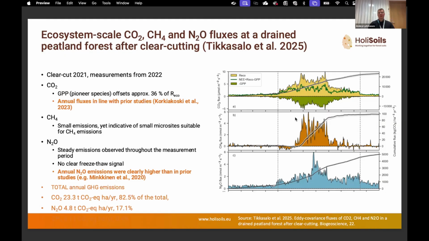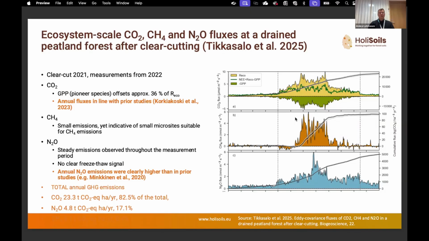And you can see that we are losing a lot of carbon to the atmosphere from these systems as CO2, while the methane in the middle is smaller if you look at the units on the y-axis, while again N2O is actually quite significant, especially when you convert it to CO2 equivalents by using global warming potential.